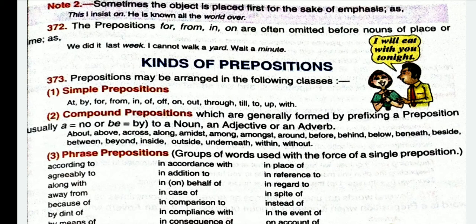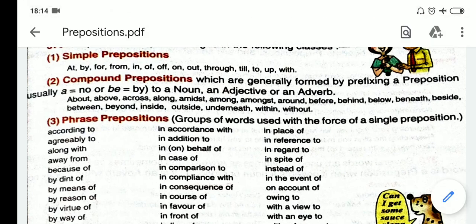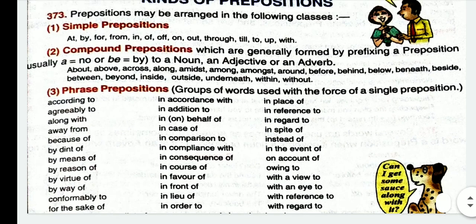If there is an independent subject, it becomes a clause or a sentence. There is a difference between a phrase, a clause and a sentence that we have studied in the class in depth. According to, agreeably to, along with, away from, because of, by dint of, by means of. These are all phrase prepositions.